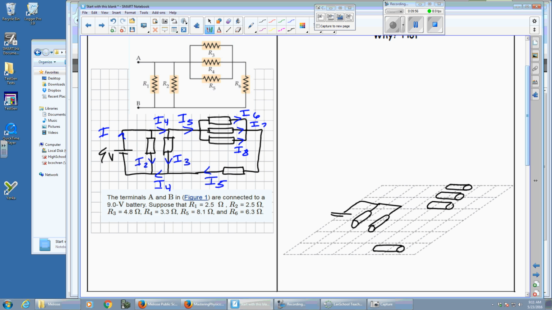But see, if you had an evaluation on this, you would be required to do all this. So you could run into a problem like this on the final, where you'd be asked to do all this plotting and such. So better to practice it. All of this is at 9 volts.